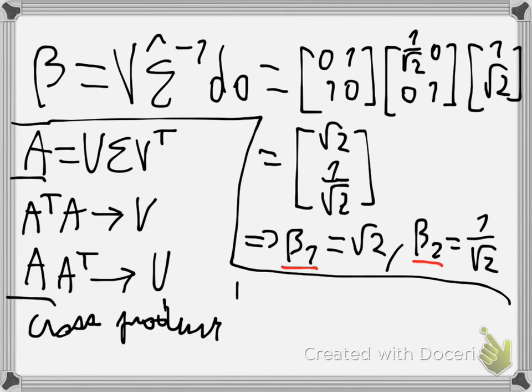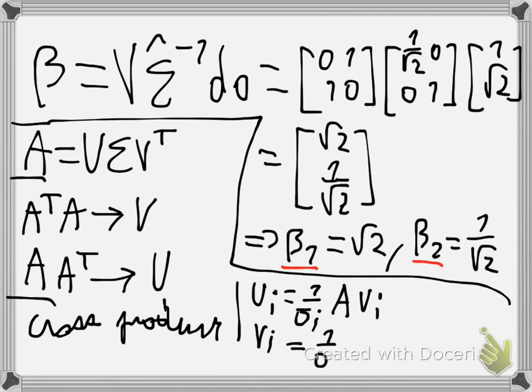And then you have the relationship: if you found the vectors of V, you can find the vectors of U using Ui is equal to 1 over sigma i times the matrix A times Vi, and the inverse would be Vi is equal to 1 over sigma i times A transpose times Ui. Okay.